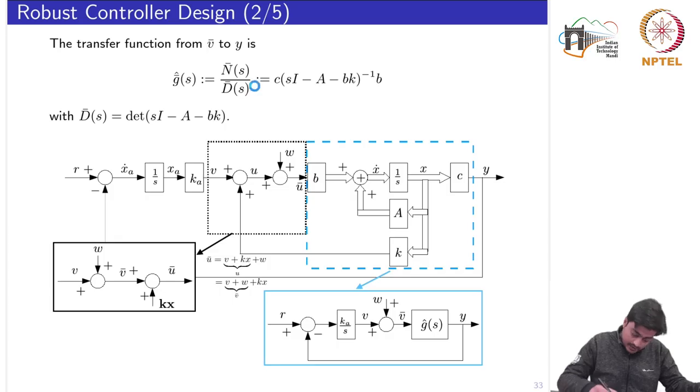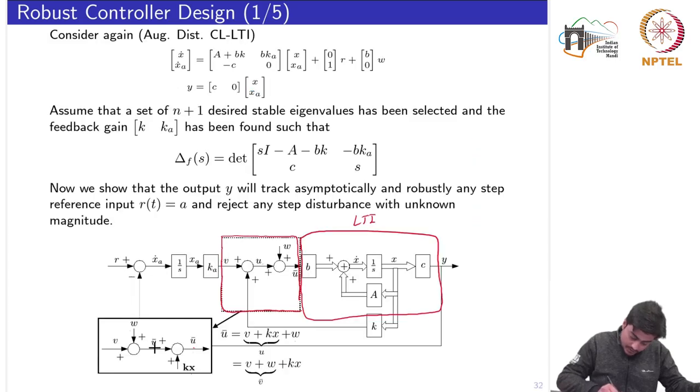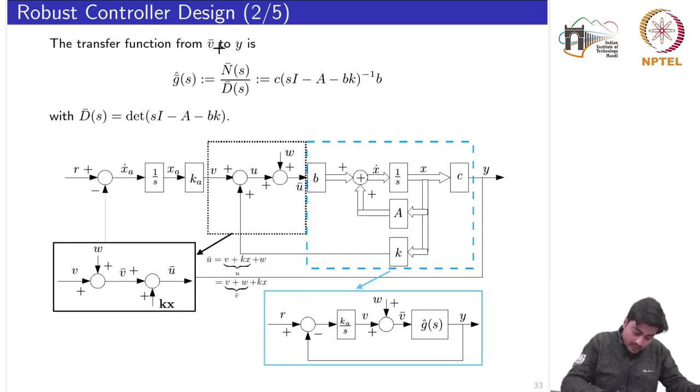Now the next step is to compute the transfer function from v bar to y. If you see v bar to y, we already have the state feedback here, and this would be equal to the nominal case of the state feedback with the inclusion of this A minus BK in the A matrix.